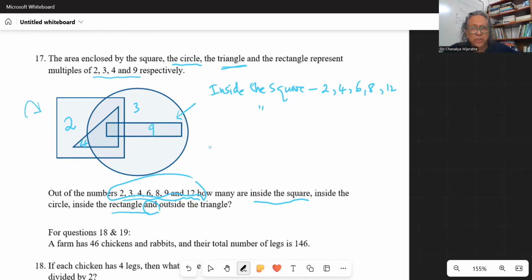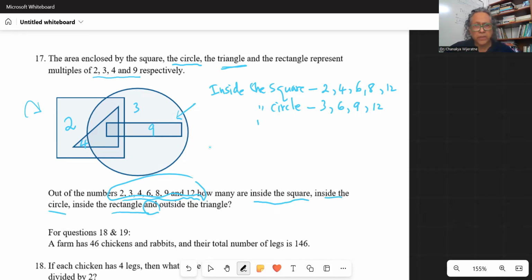So inside the circle, right? Inside the circle. So what are the numbers inside the circle? So multiples of 3, right? So 3, 6, 9 and 12, right? Inside the circle.